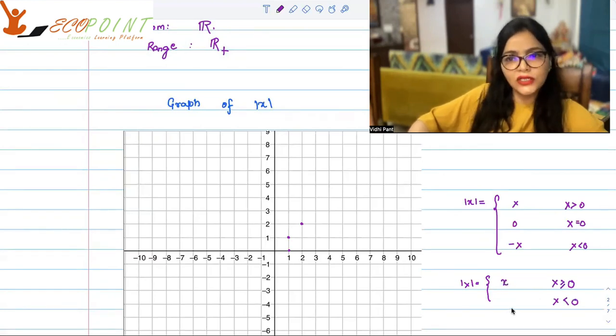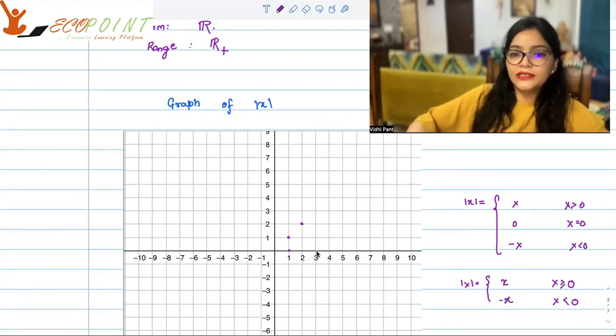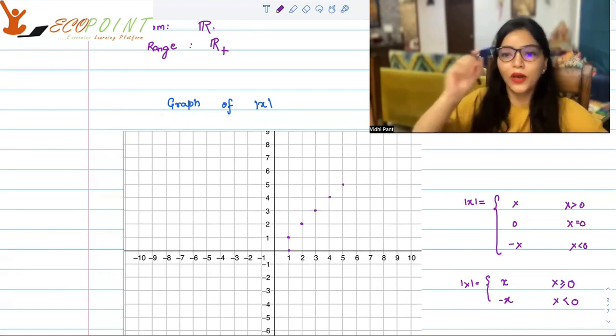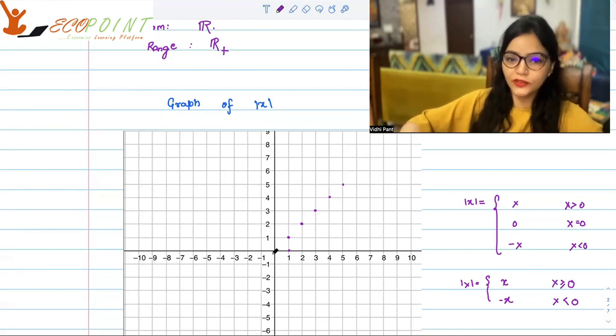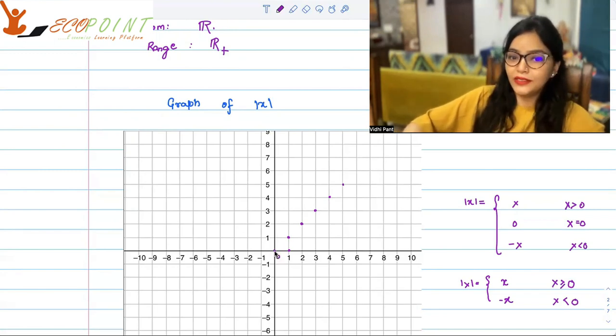When x is strictly less than 0, that is, it is a negative number, it's going to be minus of x. So when x is 3, input is 3, output is 3, input 4, output 4. So can you see the diagonal entries like this? 1, 1, 2, 2, 3, 3, so on and so forth. So if you graph, and yes, of course, at 0, the value is 0.